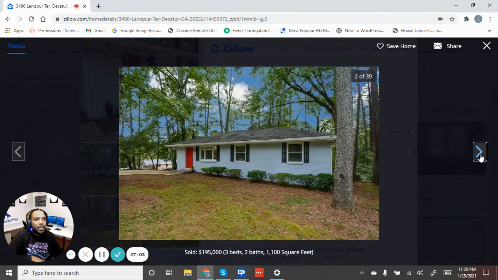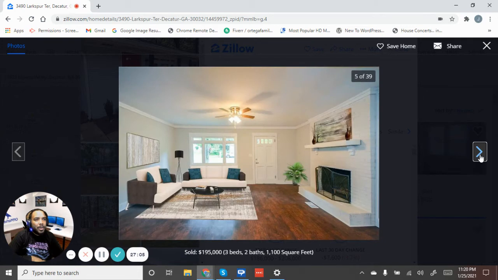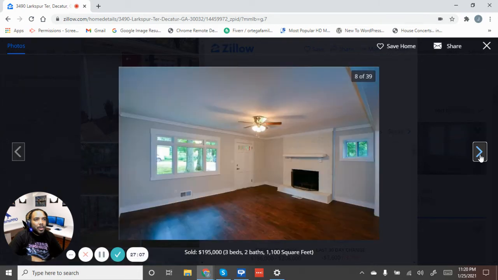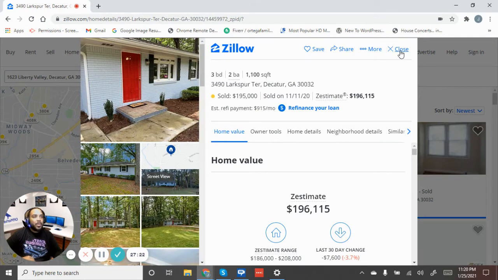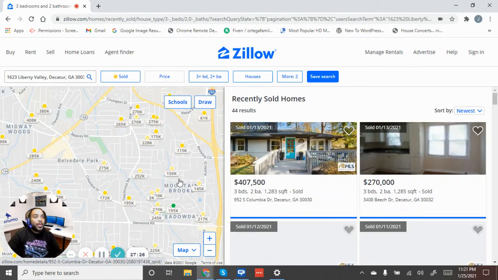But yeah, it is updated. Well, I wouldn't say it's updated, but it is fixed. It's a rehab, but it's not 100% updated like our subject property is. So that's what we're looking for, and it's also a brick home, which I wouldn't use anyways.